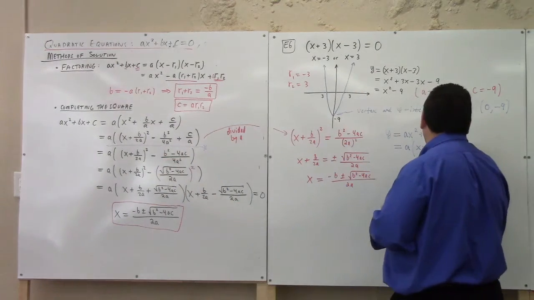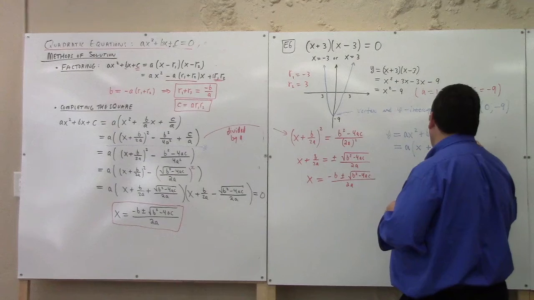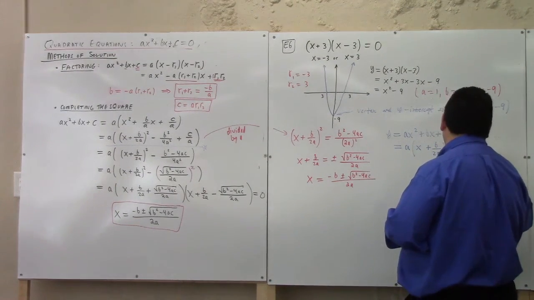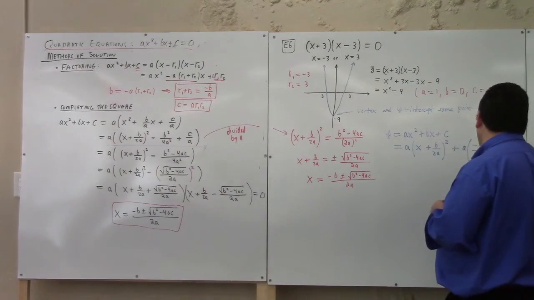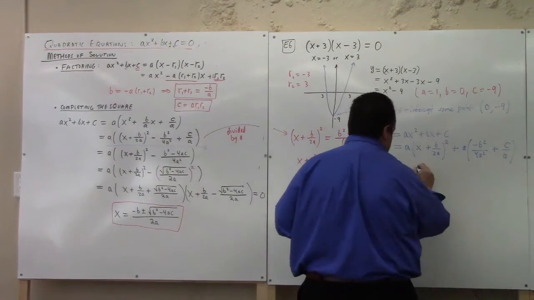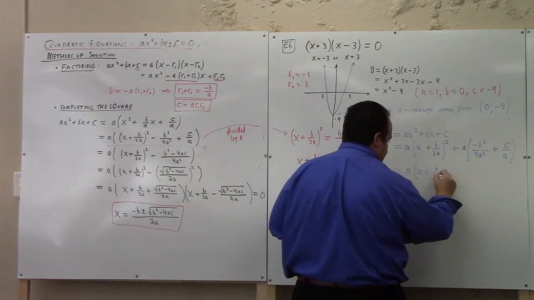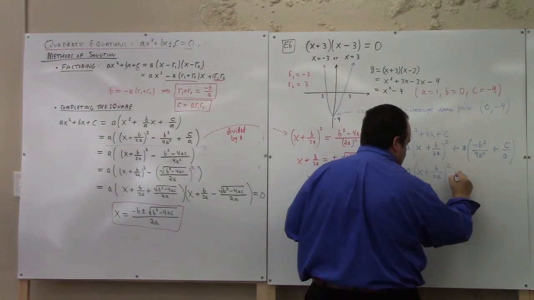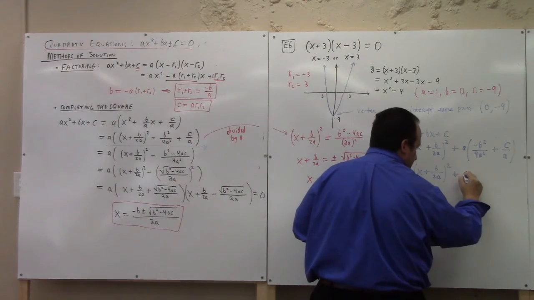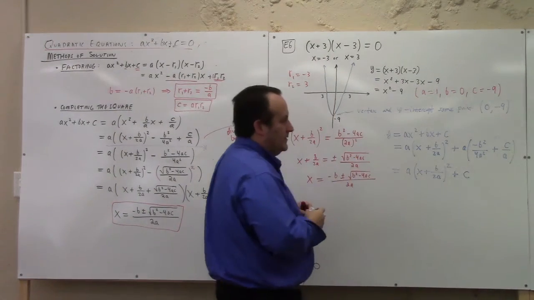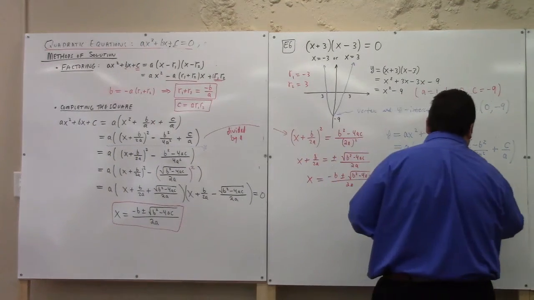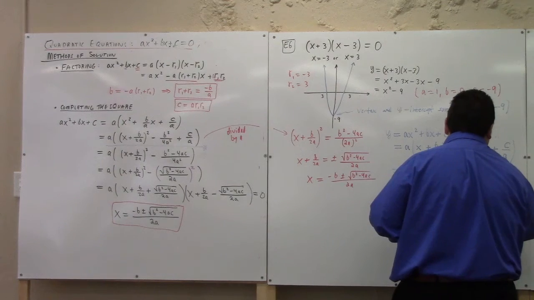I get plus a times minus b squared over 4a squared, plus c over a. So let's simplify that. We have a times x plus b over 2a squared plus, well, I'll do the c term first because it simplifies to just c, and then the a cancels with the a squared, and I'm left with minus b squared over 4a, right?